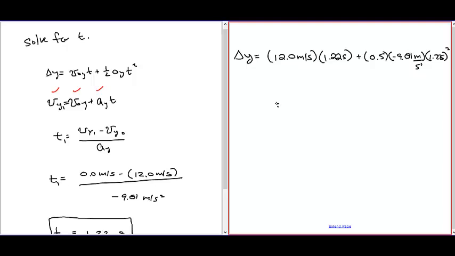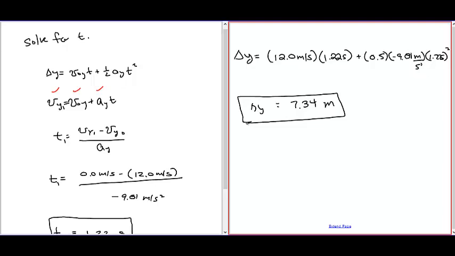So we get 12 times 1.22 plus 0.5 times negative 9.81 times 1.22 squared. So we get delta y is 7.34 meters. So that's the second part.